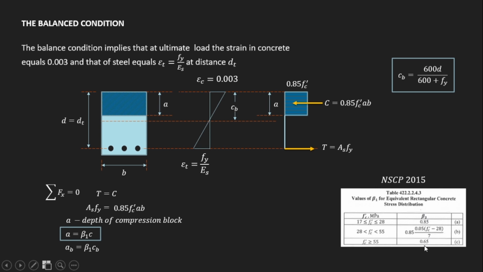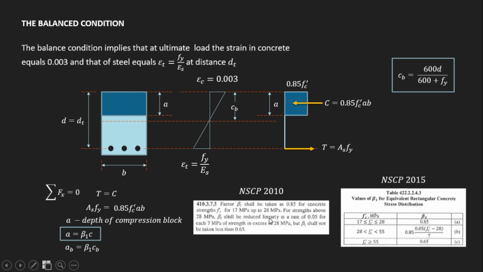And for fc prime naman na greater than or equal to 55 megapascal, yung gagamitin natin na beta 1 is 0.65. Pero kung sa mga naunang NSCP edition guys, so sa NSCP 2010, the factor beta 1 shall be taken as 0.85 for concrete strength fc prime for 17 megapascal, so automatic 0.85 to 28 megapascal. So pareho sila dito sa condition na letter A. And for strengths above 28 megapascal, beta 1 shall be reduced linearly at a rate of 0.05 for each 7 megapascal of strength in excess of 28 megapascal.